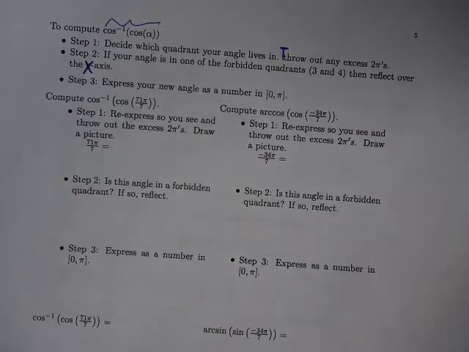So 71 pi over 7, we actually just did that one, didn't we? For sine instead of cosine, but that's okay. 71 pi over 7, how can you write that as a multiple of 2 pi plus a remainder? 10 pi plus some extra pi over 7.